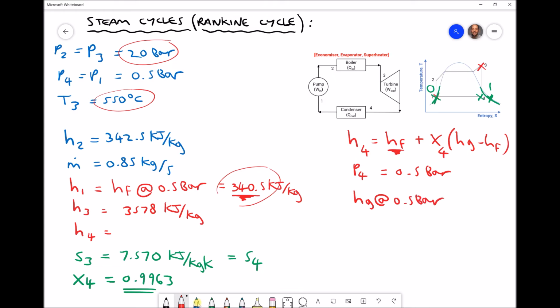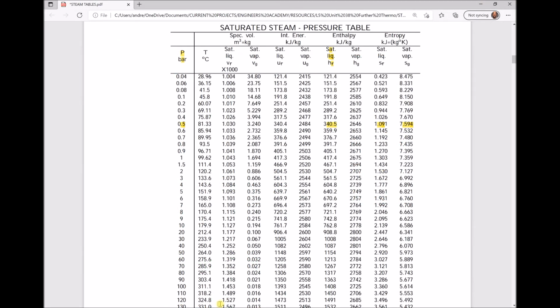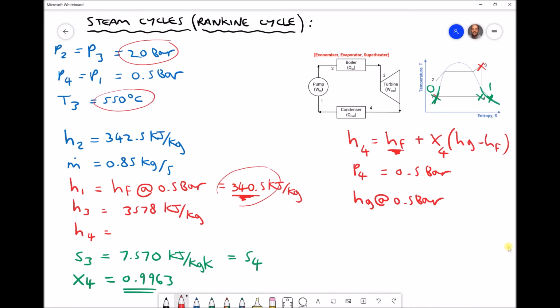So returning to our steam tables for the last time, we already have highlighted our pressure of 0.5 bar, and we can see we already have highlighted HF of 340.5. The remaining enthalpy value then, Hg, is 2646 kilojoules per kilogram. And so now we can calculate H4.